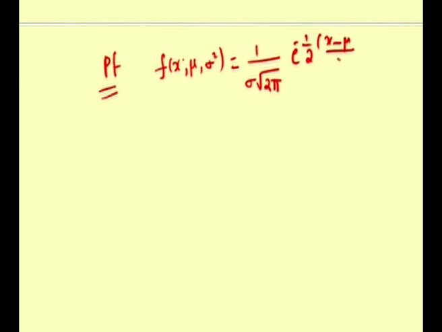Here the density function of the normal population f of x, mu comma sigma squared is nothing but 1 by sigma into root 2 pi e to the power of minus half into x minus mu by sigma the whole squared. So, this is the density function.